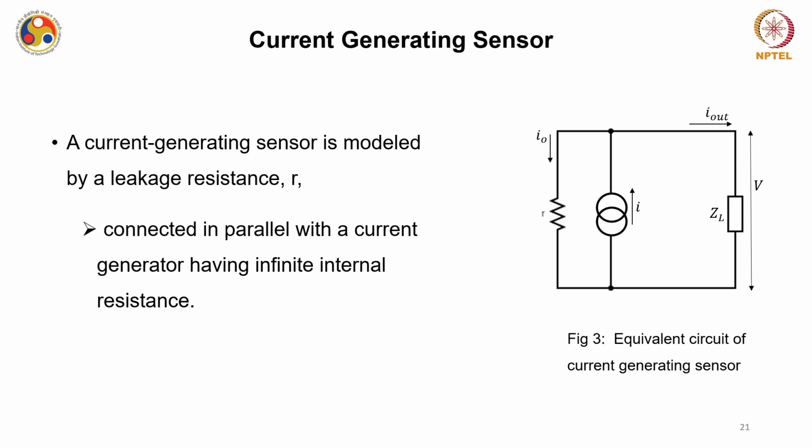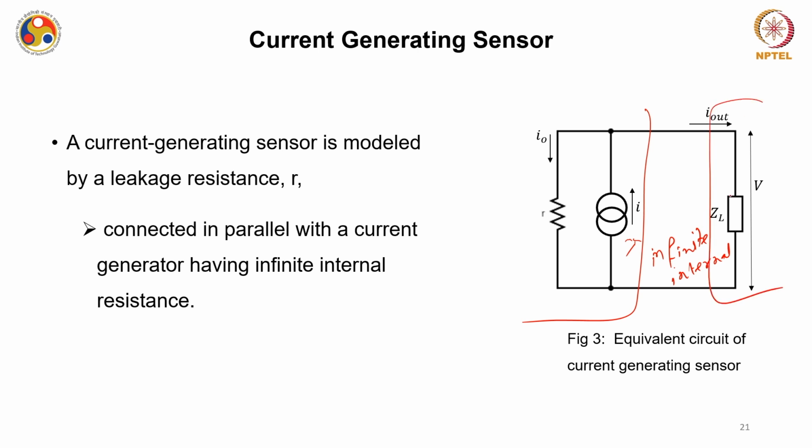Now, let us consider current generating sensor. A current generating sensor can be modeled by a simple leakage resistance R in parallel with a current source, where this current source has infinite internal resistance, and this whole system is connected to ZL.